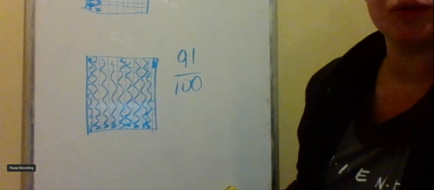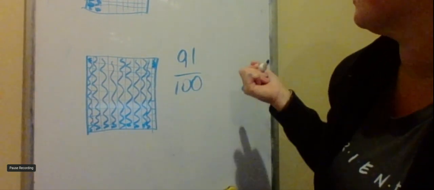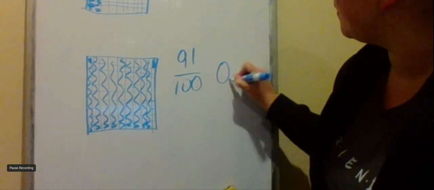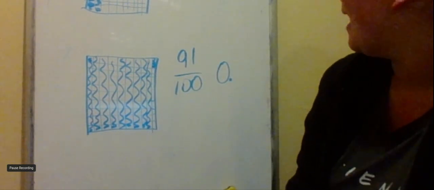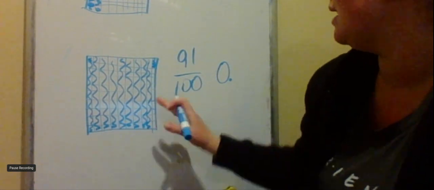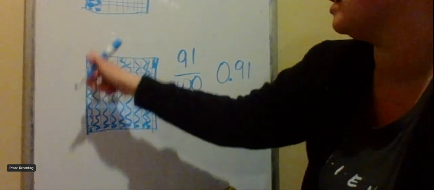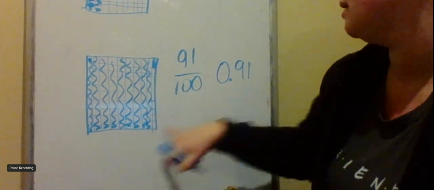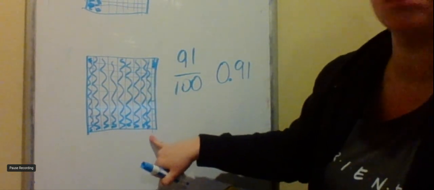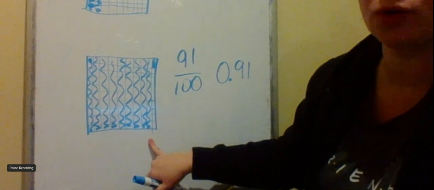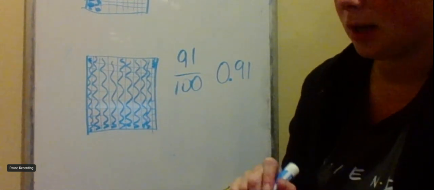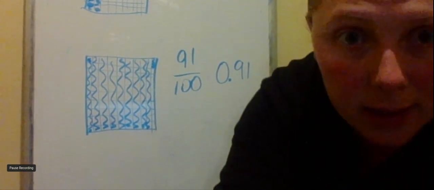So how it would look as a decimal, I didn't completely shade the whole thing in, so there are no ones, there's no holes, there's no ones, and then 91. Okay, because you could think there are really like 9 tens, right? I shaded in 9 whole rows of 10 and then one more. Okay, hope this helps. Make sure you watch with a notebook, pause when you need, and I will see you guys later.